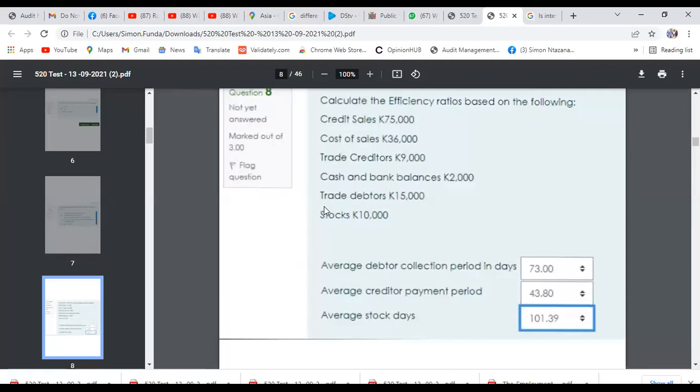Yeah, it's 101 days. Okay, so here they are not rounding off, but it's fine. You cannot have half a day, just write in full. So as long as you know what we are doing. So that's how you calculate the average stock days.